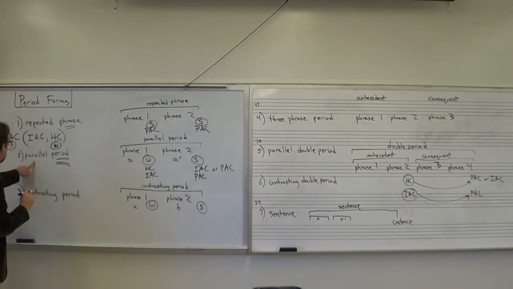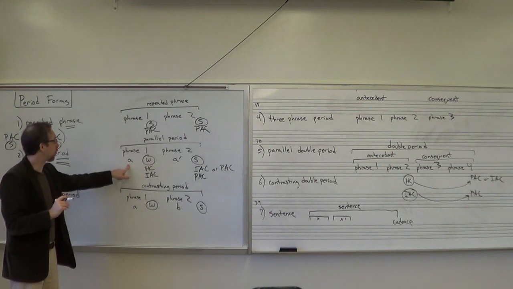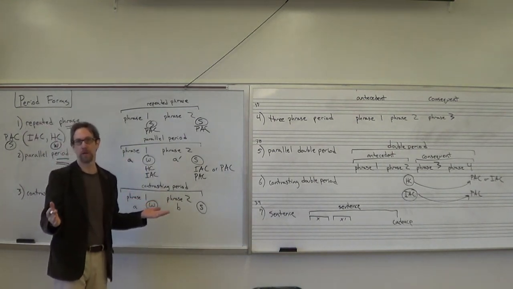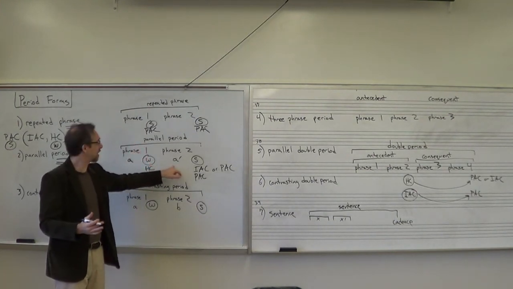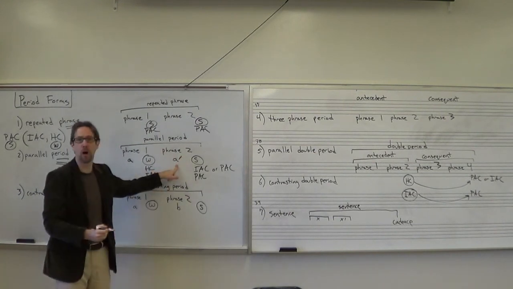What kind of period, whether it is parallel or contrasting, deals with the material in the phrase. So if phrase 1, we're going to call it A, which is what we typically do, we give it a letter. Phrase 2, in this case, I wrote A with a symbol here, which is called prime.